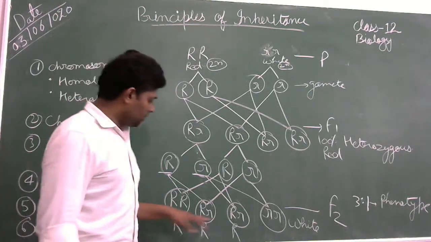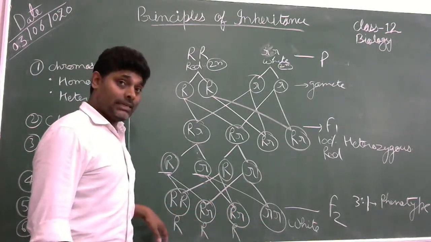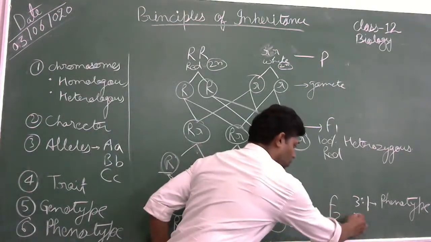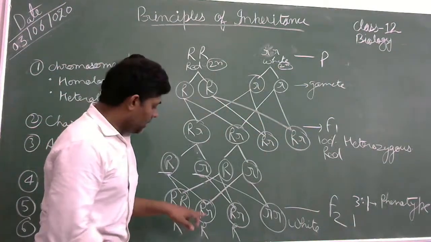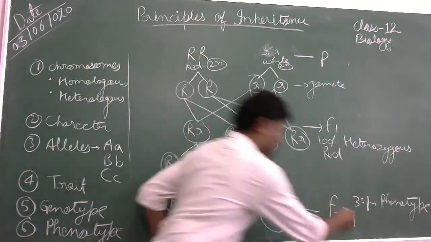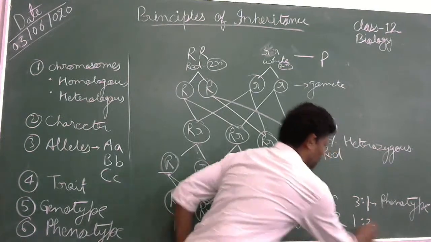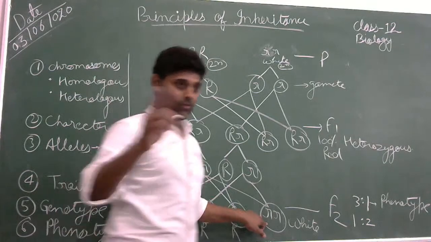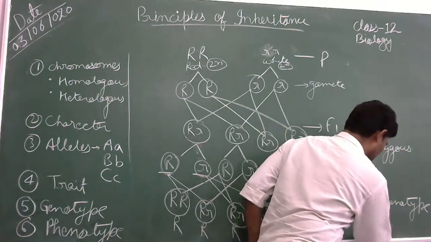And what about if we are seeing the genes? So this is red, okay. One, they both are red, but heterozygous. So two, and here is the white color, right? One, that is one.